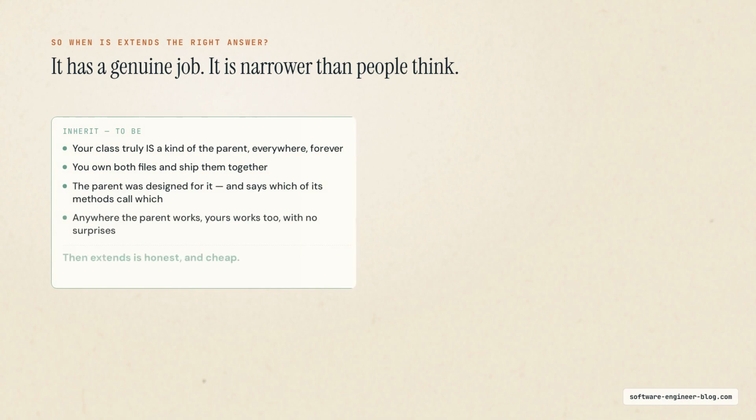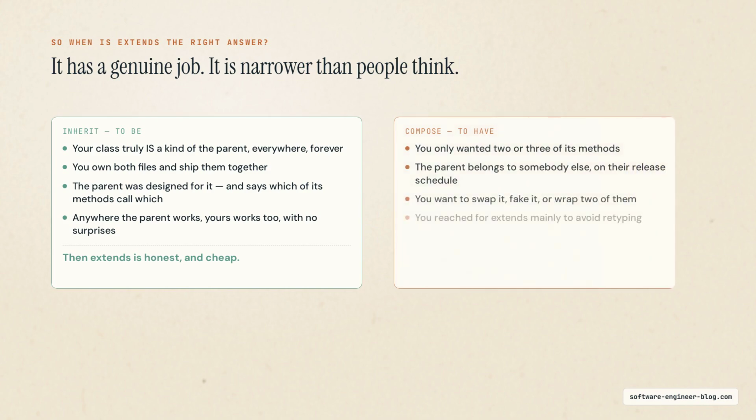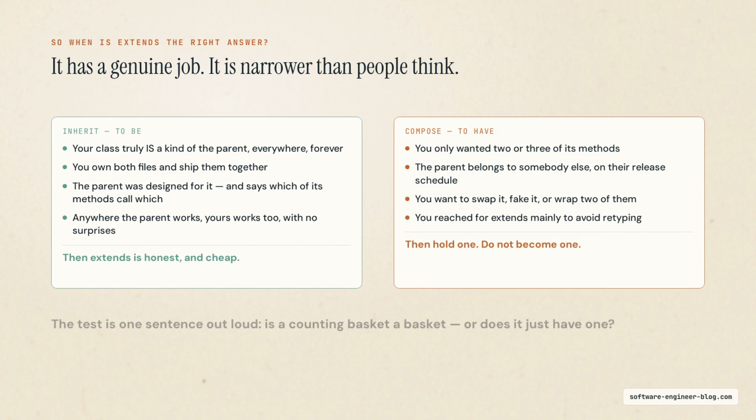When the parent was designed to be inherited from, and its documentation actually tells you which of its methods call which. And when anywhere the parent works, yours works too, with no surprises. Reach for composition when you only want 2 or 3 of its methods, when the parent belongs to somebody else on their release schedule, when you want to swap it or fake it or wrap 2 of them, and especially when you are reaching for extends mainly to avoid retyping.